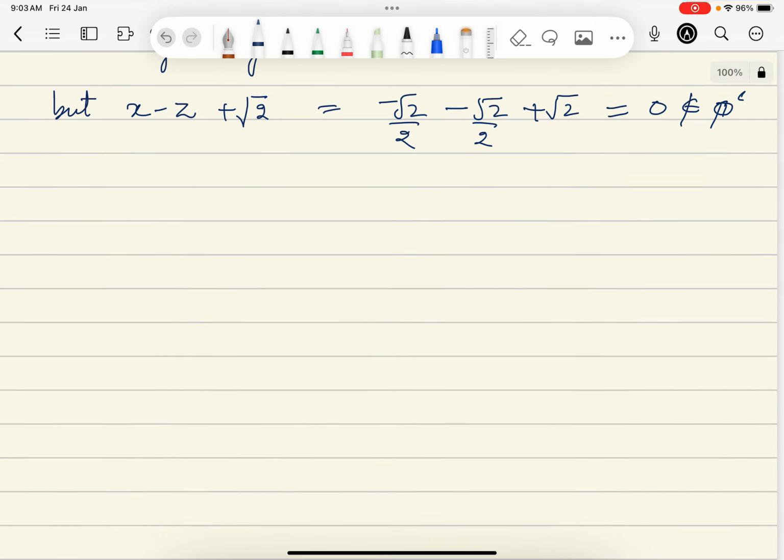Okay, so this implies R is not transitive relation.